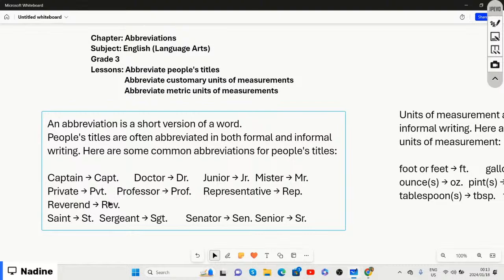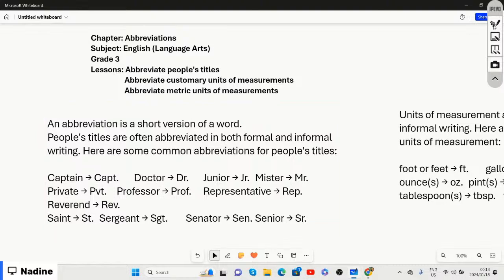For example, if we are addressing someone as captain, instead of giving the full word captain, we can just shorten it by saying CAPT and period.